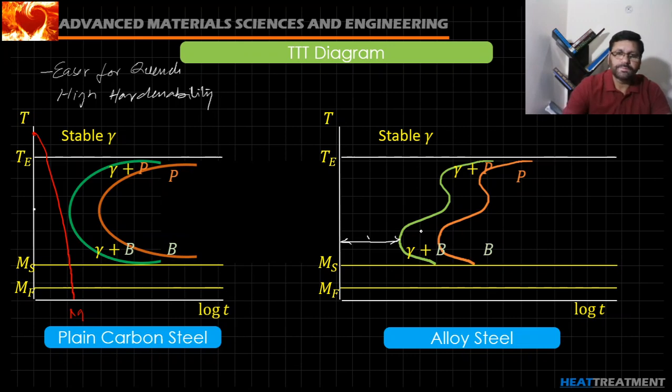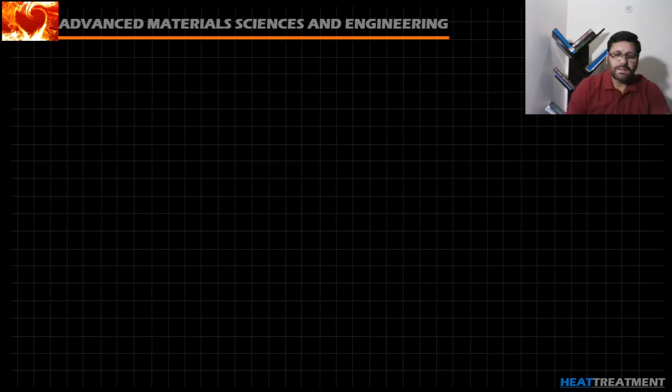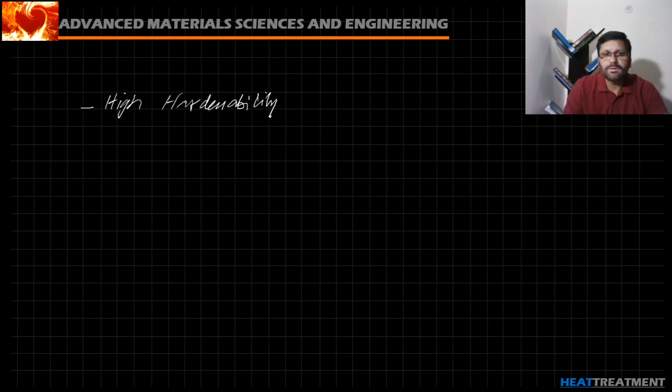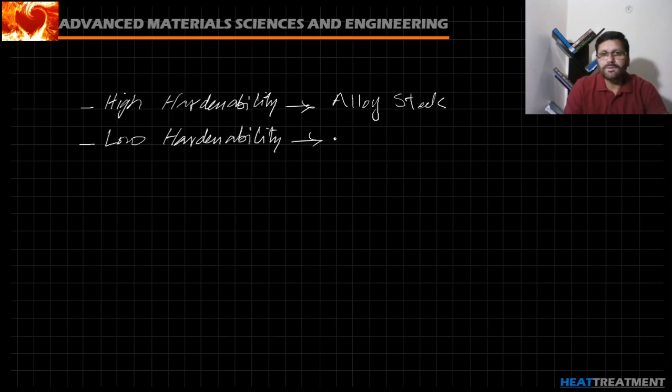So we can say we have high hardenability for alloy steels and low hardenability for plain carbon steel.